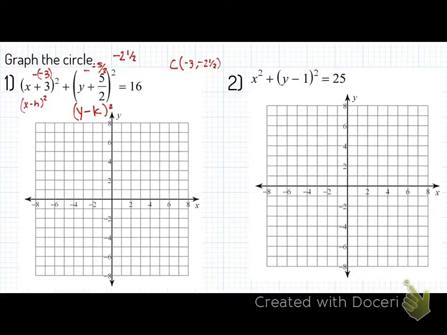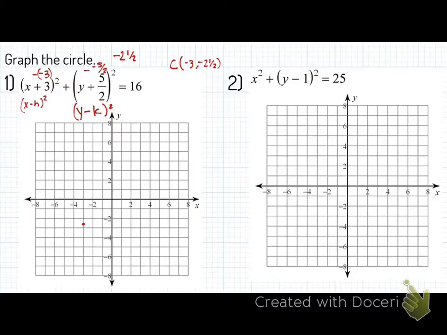Okay, so I'm going to go to my graph here, and I'm going to start at the origin, and I'm going to go to negative 3 and then down to negative 2.5. So we're going to go starting here, negative 1, 2, 3, and then down 1, 2.5. There should be a point right there. I'm going to plot my center here.